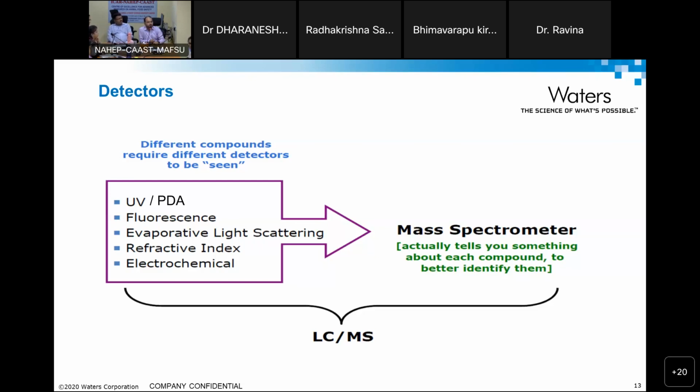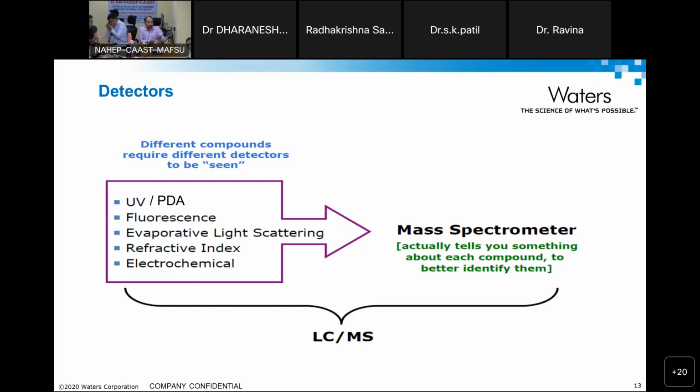For example, if some of your compounds have chromophoric properties, then they can be detected using UV or PDA detectors. If some compounds have fluorescence properties, then you have to use a fluorescence detector in order to detect, identify and quantify them. Similarly, different detectors can be employed for quantification of different compounds.